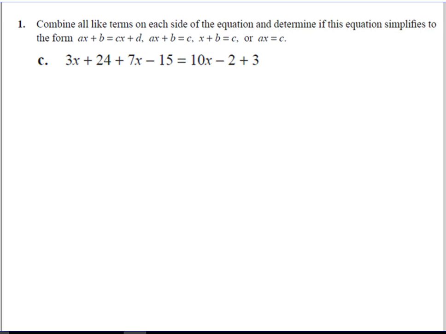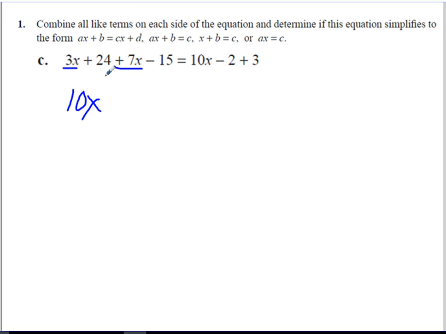Here's our next example. Again, we have things on both sides that we are going to be combining together. So let's start by just combining our x's. This time, let's not actually write them next to each other. We have 3x plus 7x. We can do 3 plus 7, easy to get 10.